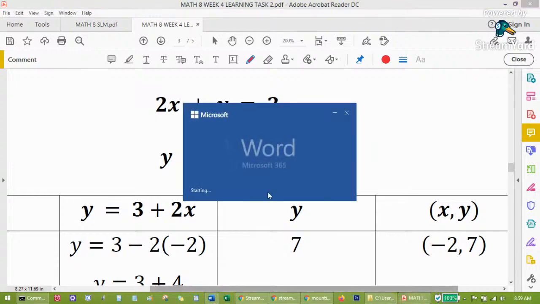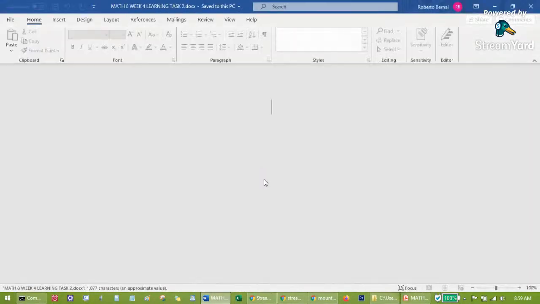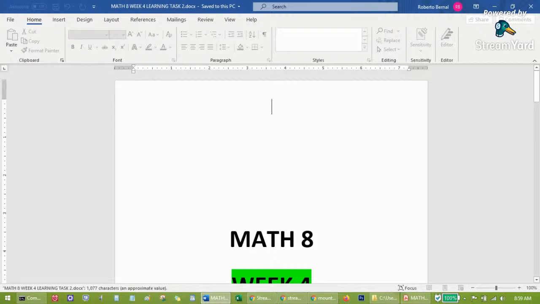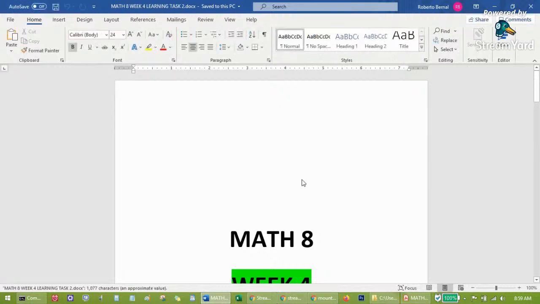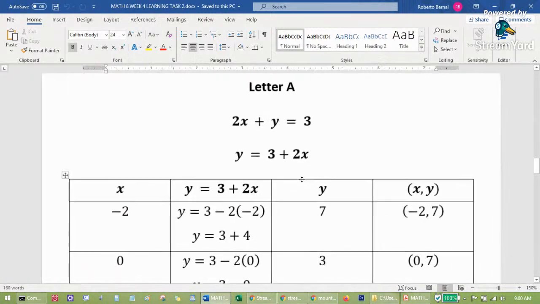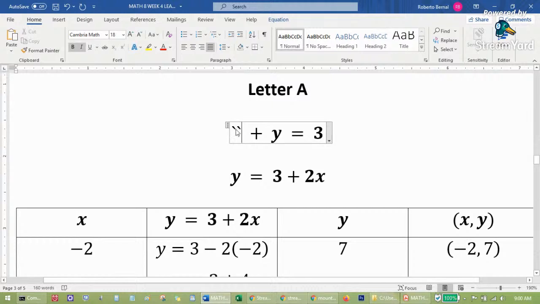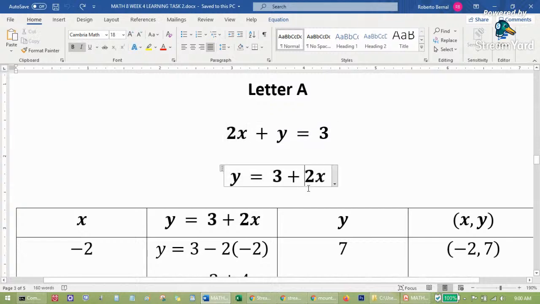Just a moment, saglit lang, may correction tayo, no? So, itong positive 2x, pag nilipat natin sa kabila, dapat magiging negative 2x.